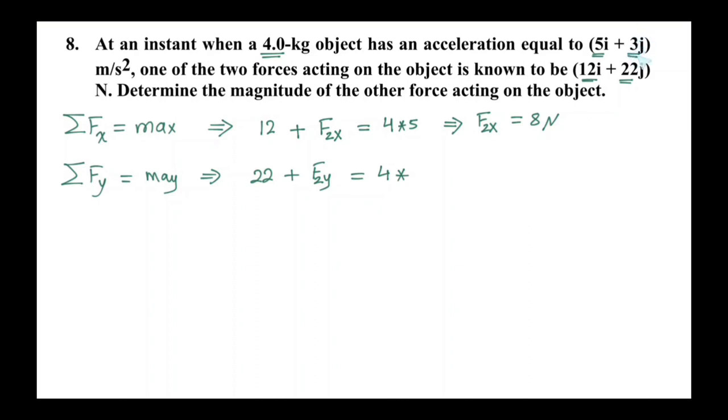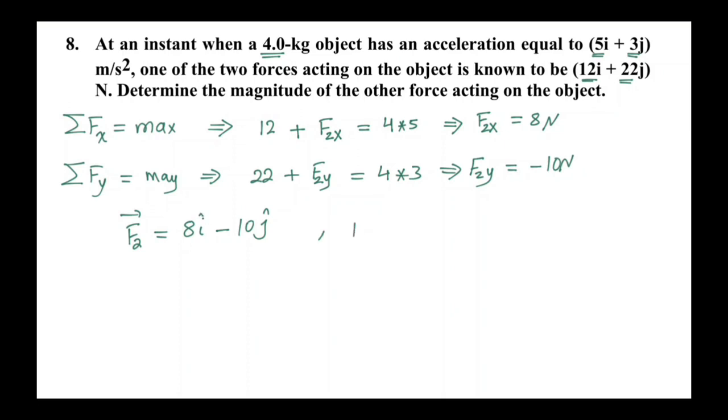This one here, the ay acceleration, times 3. So F2y equal to minus 10 newtons. So F2 as a vector is actually equal to 8i minus 10j hat.